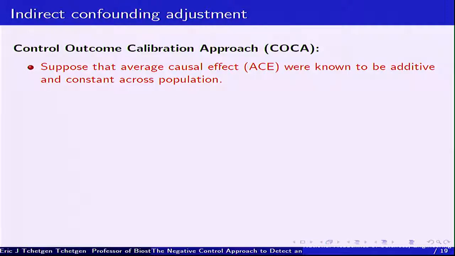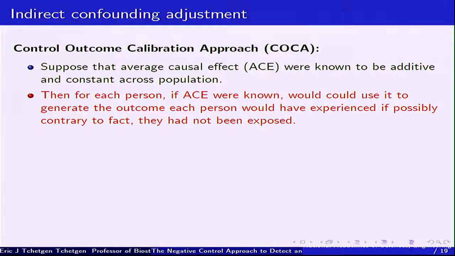Another approach is known as the control outcome calibration approach, and this can work with any underlying causal model you might have. It could allow for interactions with covariates that have been observed, but just for the sake of simplicity, due to the interest of time, suppose that the average causal effect were known to be additive and constant across the population, just to explain how the approach works.